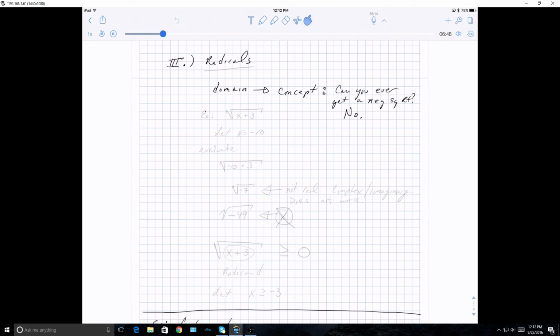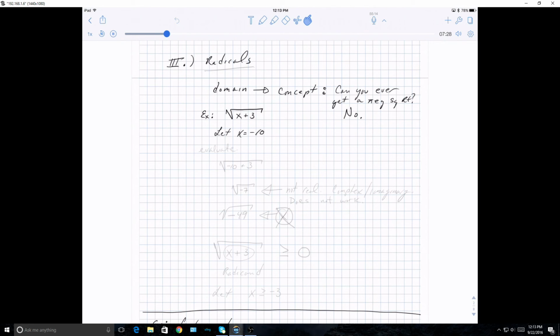So if I look at an example, just a short one, and I say that we're looking for the square root of x plus 3. Now, what does it mean to say that we can use any values of x? Well, clearly in this case, 0 will work. A lot of numbers will work. But one of the numbers that definitely will not work is if we let x be equal to negative 10.